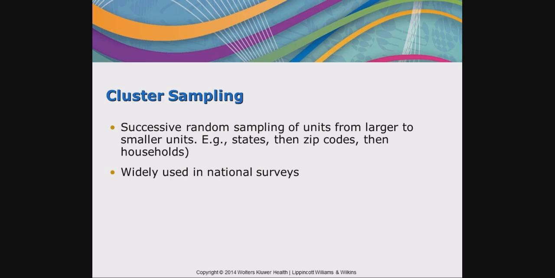Cluster sampling is yet another. And this really groups rather than individual people are selected from the population. For example, we might look at all RN to BSNs from UMMC, but also from USM, Alcorn, UAB. And you're going to see these used in national surveys for sure. But you start larger and then you move smaller: states, zip codes, households, or you can do schools of nursing.